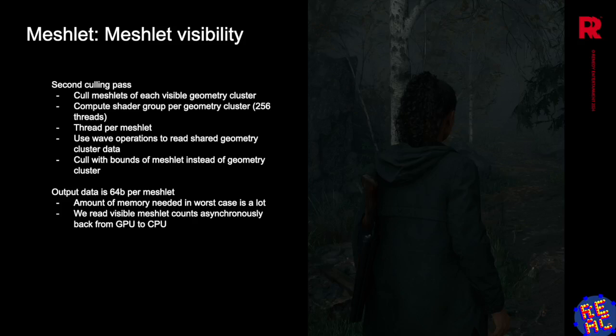As said, the output from this pass is a buffer that contains two 32-bit handles that are consumed by the mesh shader. The data output can eat a lot of memory if you allocate space for all the streamed in meshlets. We ended up using async readback from GPU to figure out practical limits for storage.